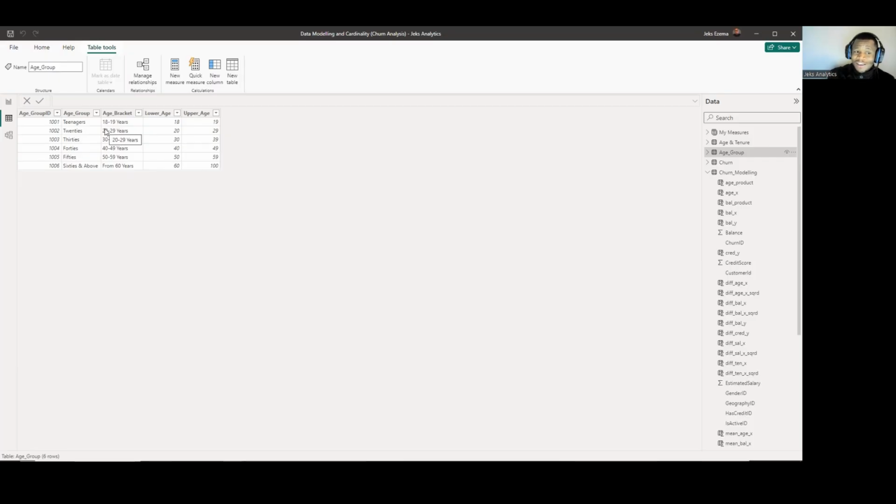It is a key to all the rows where the ages are between 18 and 19. The same goes here. 1002 is a key that connects to all the rows where the ages are between 20 to 29.